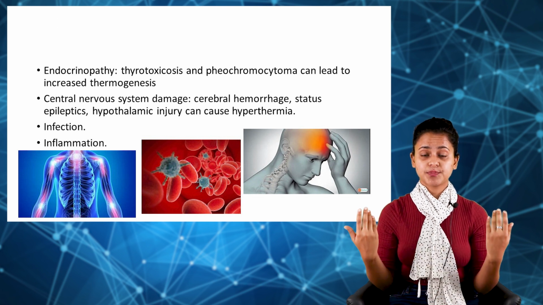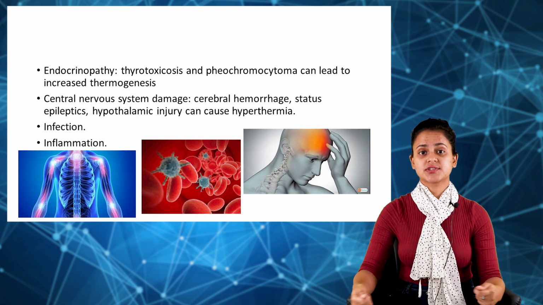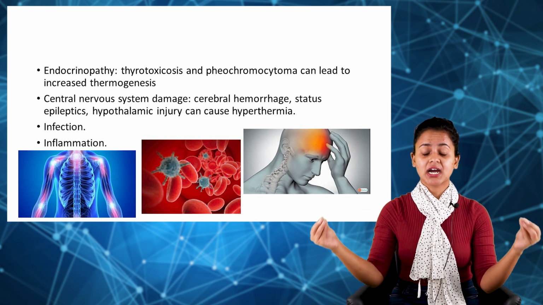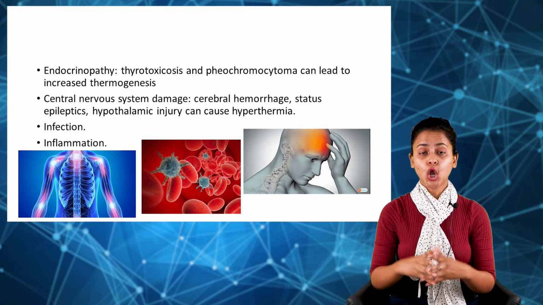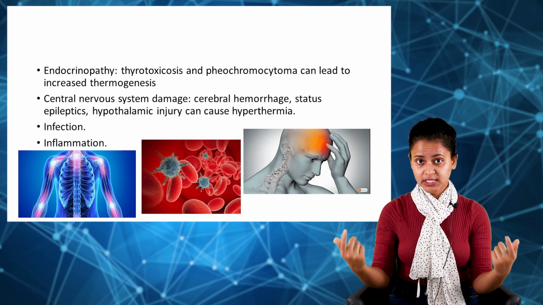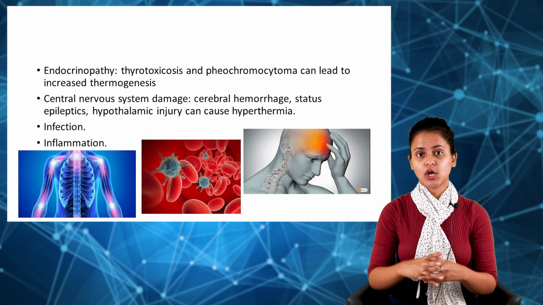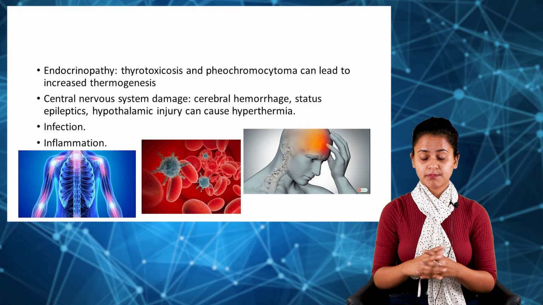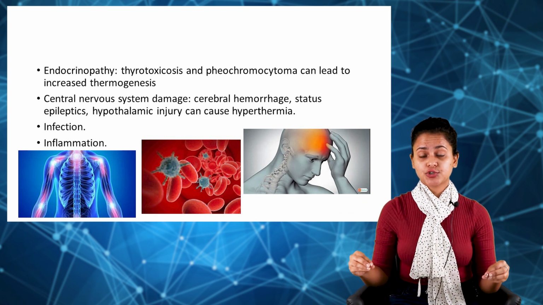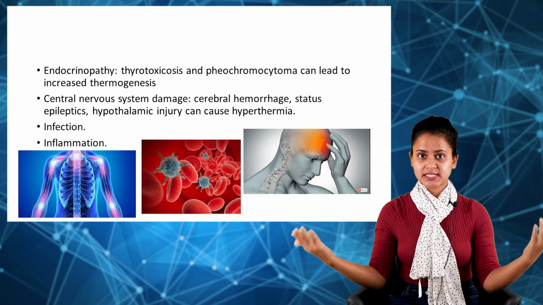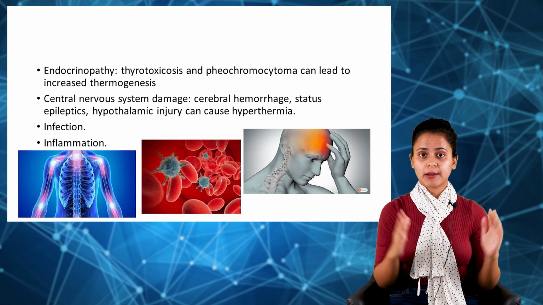Definitely, as I have mentioned before, various infections, whether occurring in any system of the body or a systemic infection like septicemia, will often cause the development of fever. Severe inflammation can also cause the condition of hyperthermia.